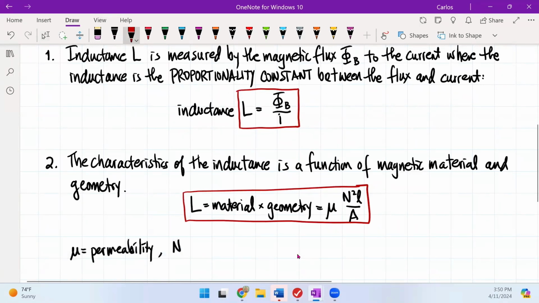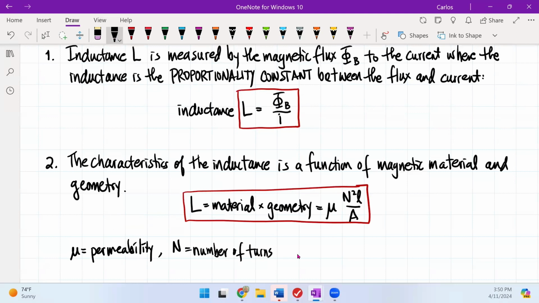N is the number of turns. L is the length of the inductor. And A is the area of the bore.